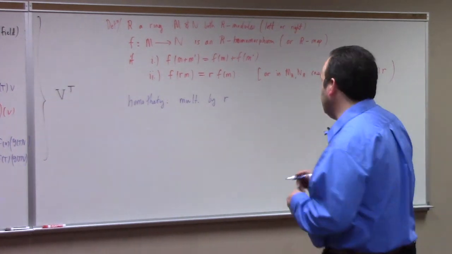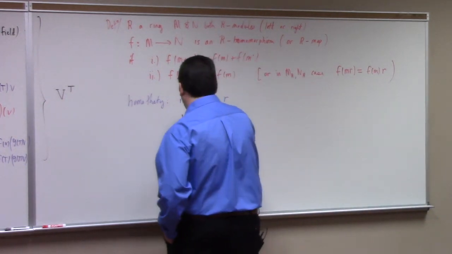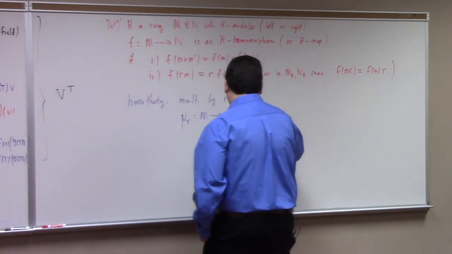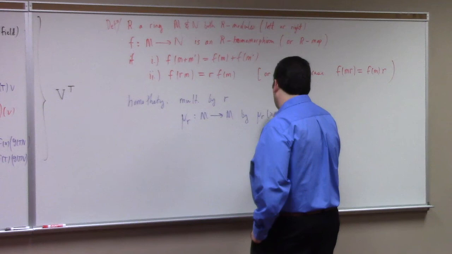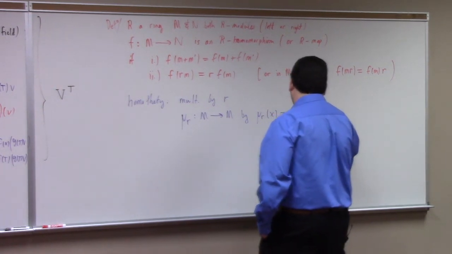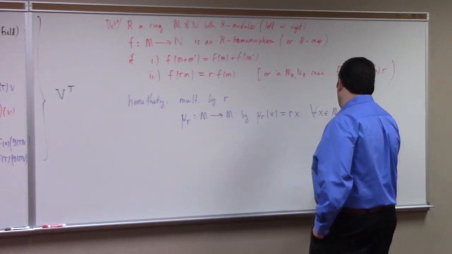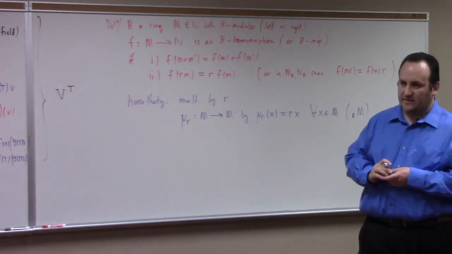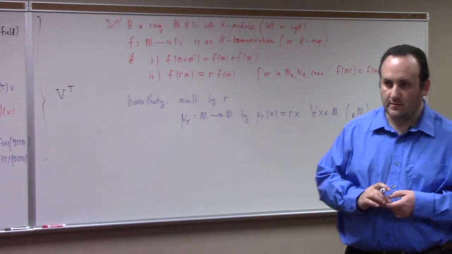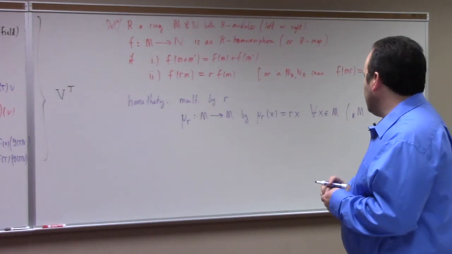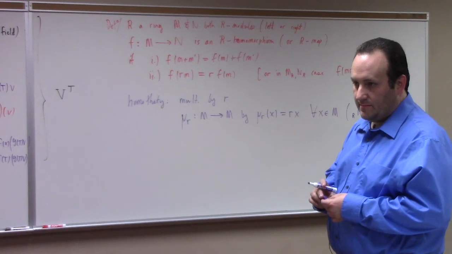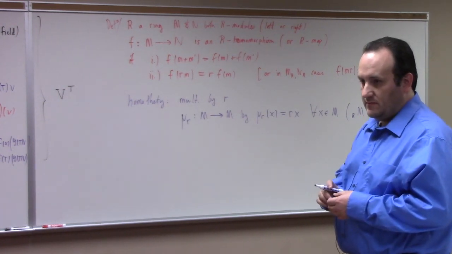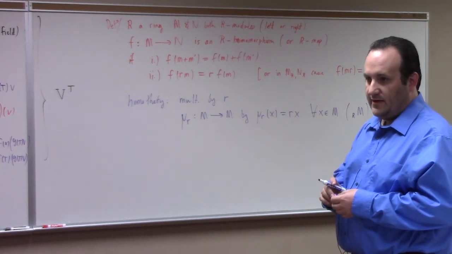So mu R, his notation, mapping from M to M by mu R of x equals Rx for all x in M. Here I'm saying M is a left R module in this discussion. So that's an example of an R map. So left multiplications give R maps.